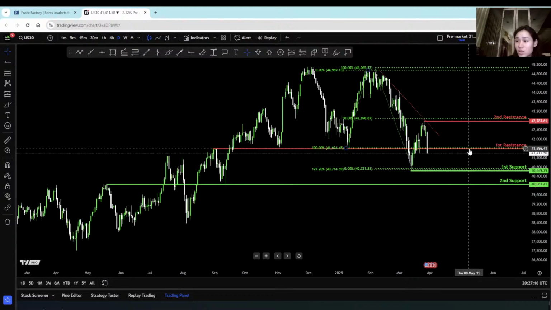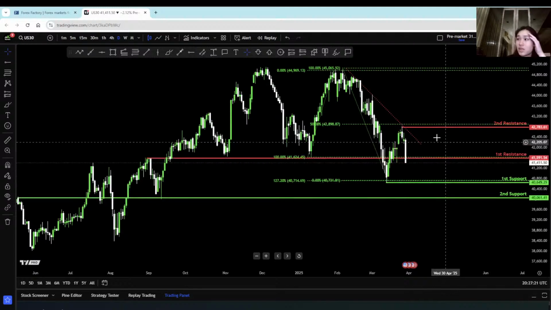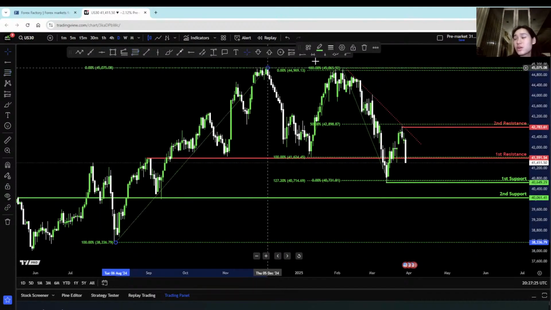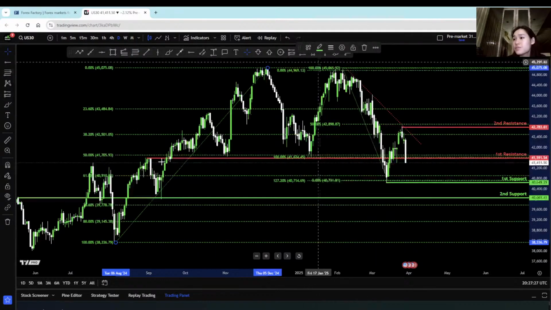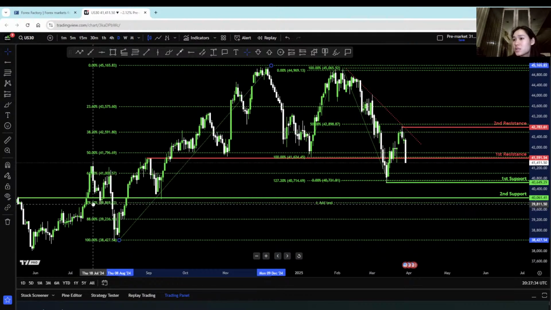Okay, so let's see if there's any other. I think I'm gonna go in with a retracement here as well. 61 and 78.